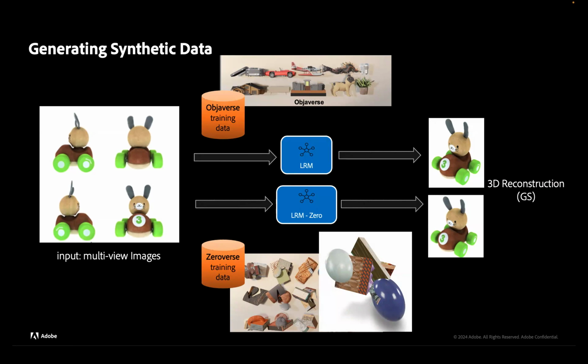And it turns out that for this particular 3D reconstruction task, we got similar results to using the more semantic-based datasets that came from the Objaverse training set. So it's a really clever way to mix and match. And clearly the Zeroverse dataset doesn't have the legal implications. It doesn't have the moderation issues because it's purely synthetic and semantically meaningless. And yet it can be useful for low-level vision tasks.